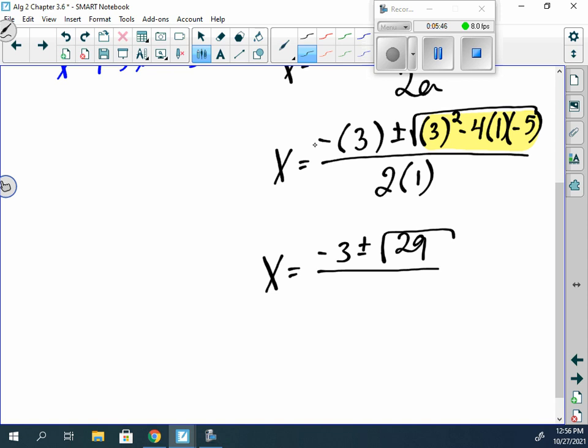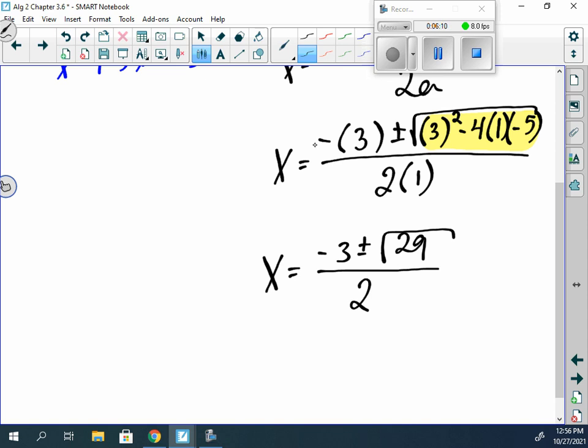Okay. And on the bottom, 2 times 1 is 2. Now at this point, we could grab the yellow calculator or the TI-30XS and hit square root of 29, enter, and see if it does reduce. And it'll tell us that it's the square root of 29. It doesn't reduce any further than this.